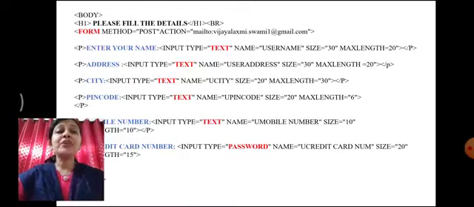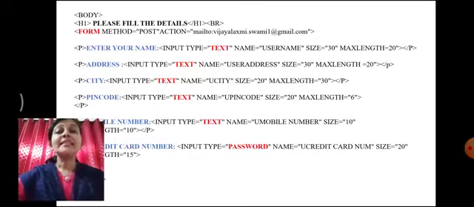And if you want to enter the text box, you have to mention enter your name, and there input type equals text, name equals username, any name of your choice, size equals 30 and maxlength equals 20.